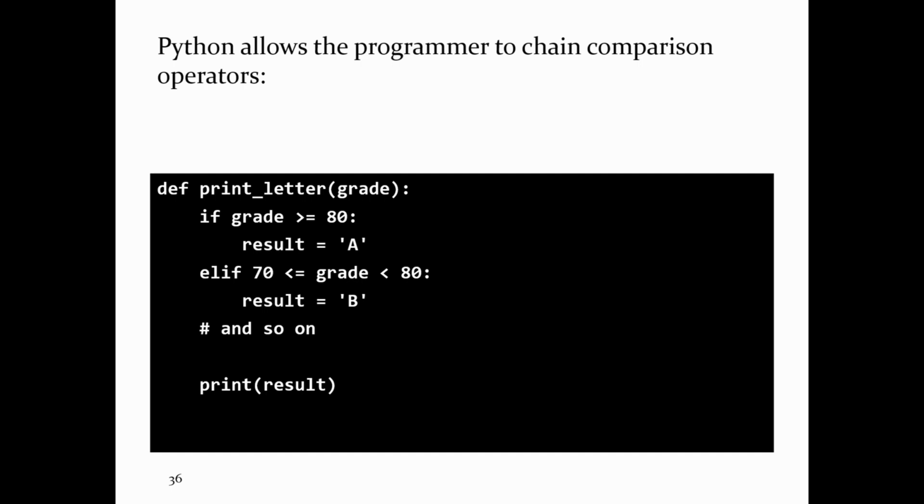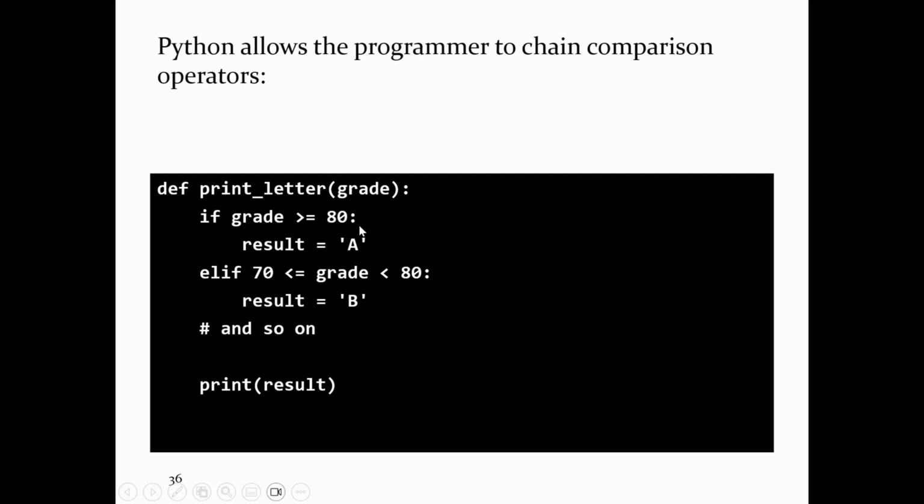Another difference between Python and Java. So Python lets you chain comparison operators, which is super convenient in some cases. So here's a little method that does some simple conversion of a number grade to a letter grade. Right?